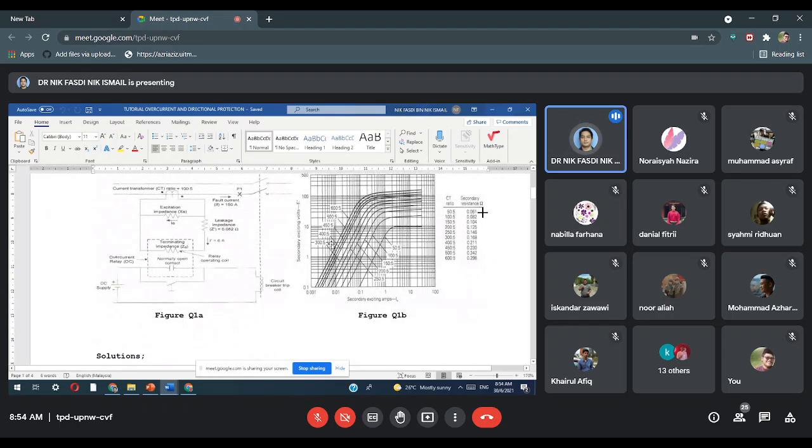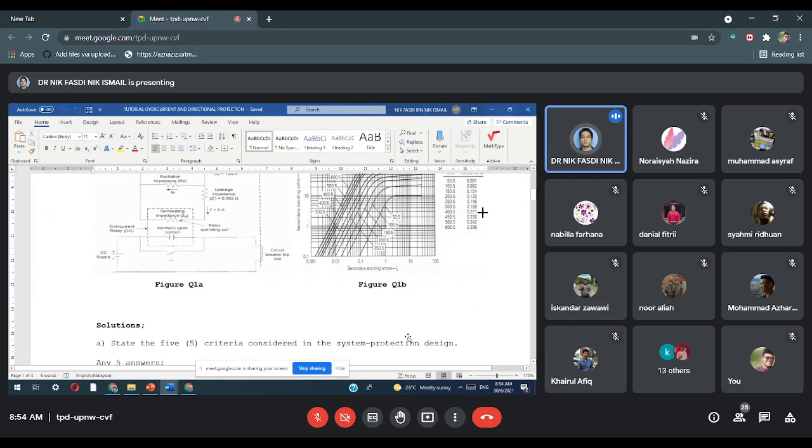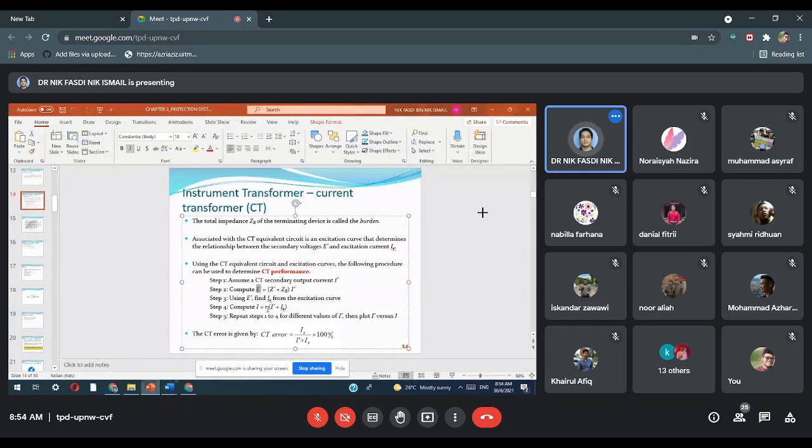ni kita panggil dia curve of secondary excited voltage E prime versus the secondary excited amps. Kita nak tahu ini dan kita nak dapatkan nilai IE ni, secondary excited amps. Okay, kita go step by step. First step we determine the E prime, later on kita nak determine this component.